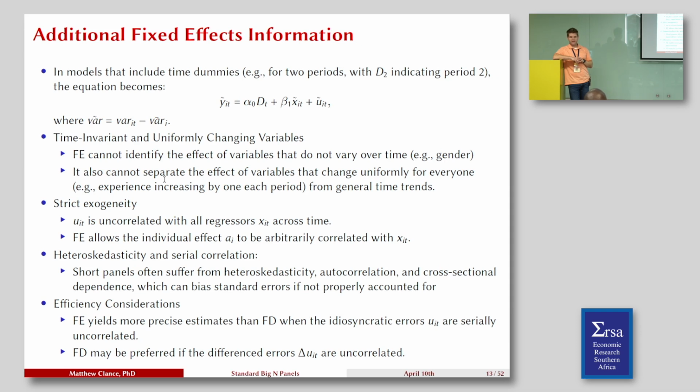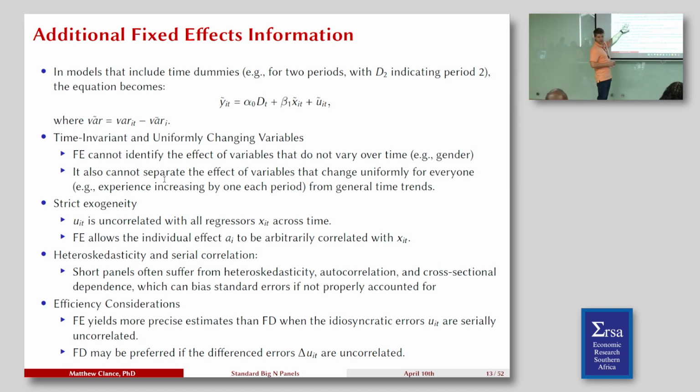Okay? And this also applies to first differencing, right? If we take the first difference and everybody's increasing by 1, then our change in that variable is 1, which is a constant. We have a constant in our model already. So these are things that we have to keep track of in terms of our variables and knowing exactly what's going on.